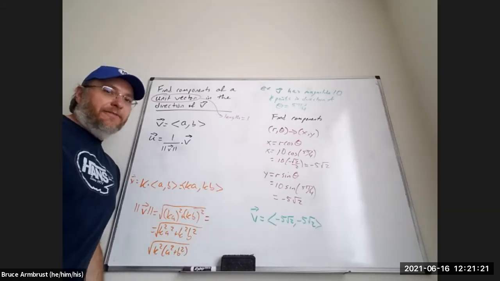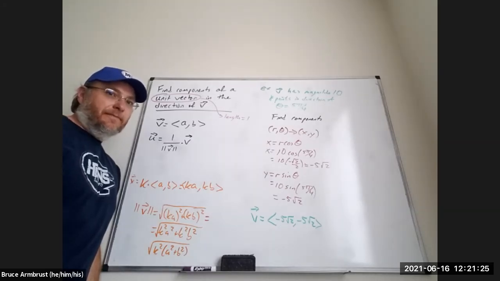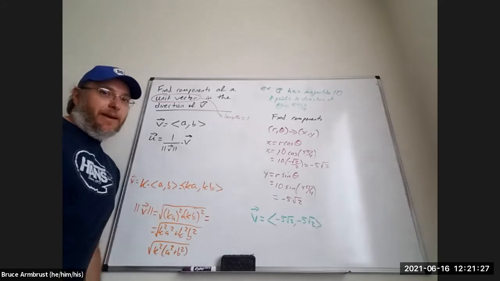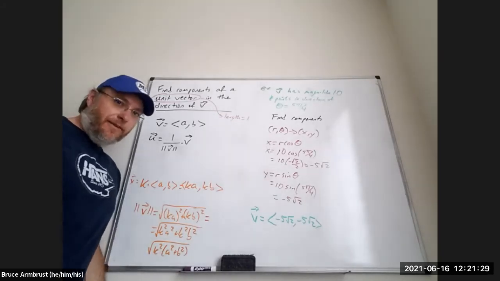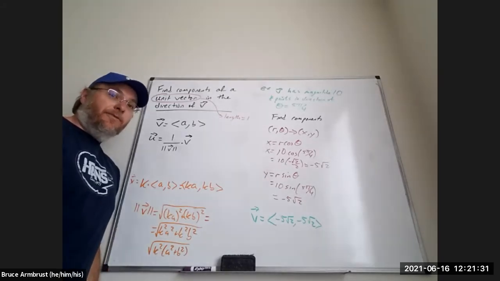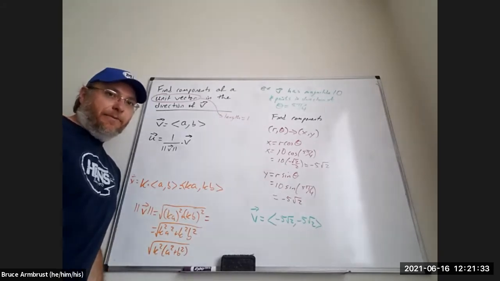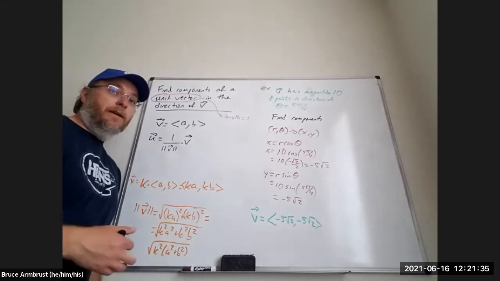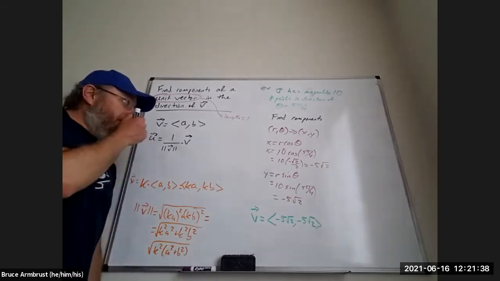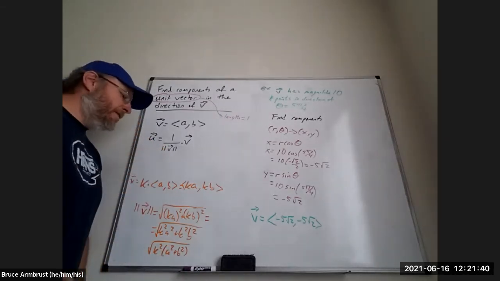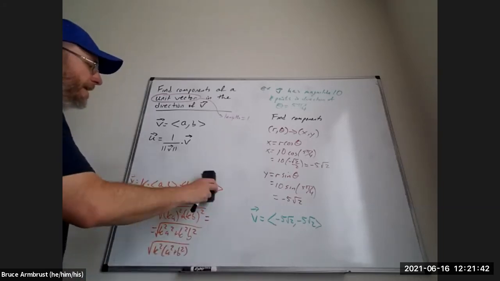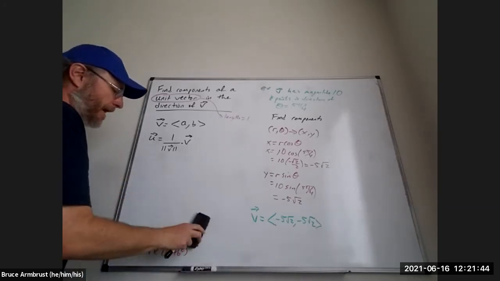In essence, we're dividing by the length. Right? If it's length 10, I want to divide by 10. If it's length 20, I want to divide by 20. If it's length 1/2, well, if I divide by 1/2, I'm multiplying by 2. So it turns out to make that unit vector, all you got to do is divide by its magnitude.